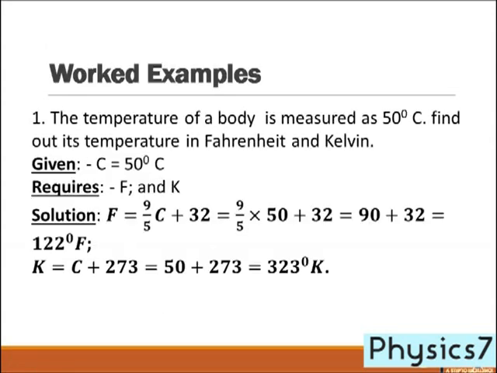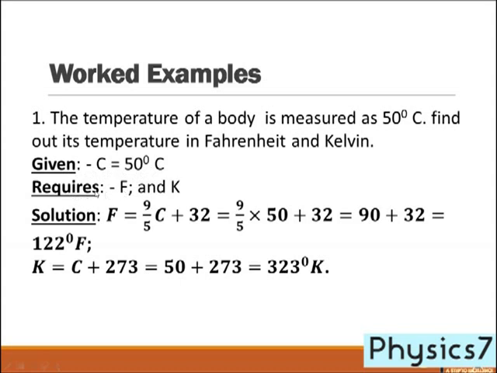So let's have a look at the first worked example. The temperature of a body is measured as 50 degrees Celsius. Find out the temperature of the body in Fahrenheit and Kelvin. So let's go through this one together. You're given that the temperature in degrees Celsius is 50 degrees Celsius.